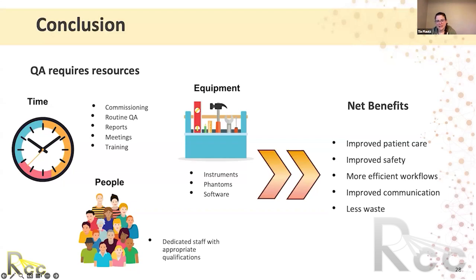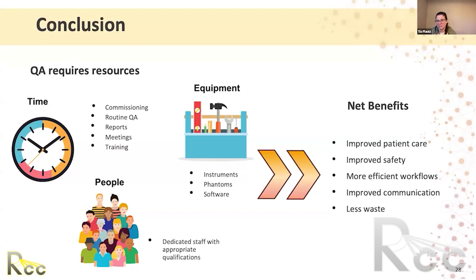And in the end, we really achieve a lot of net benefit from investing in these resources. The benefits of good quality assurance can offset initial costs because these benefits include better patient care and better patient satisfaction, improved communication and efficiency of our workflows, which in turn increases our throughput in our clinic.